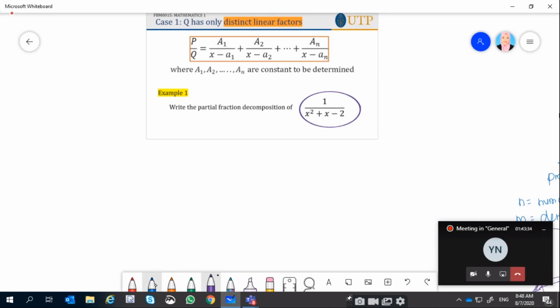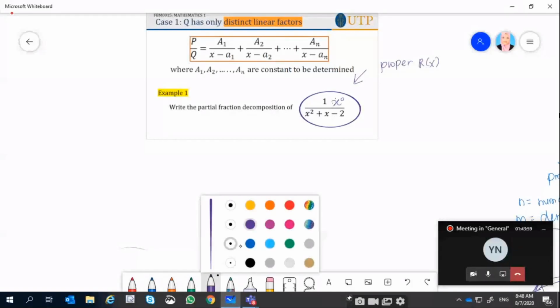Yes. So first, you have to check whether it is a proper or improper rational function. For this case, since 1 is s to the power 0, it is a proper rational function. So you can proceed to express it into partial fractions.